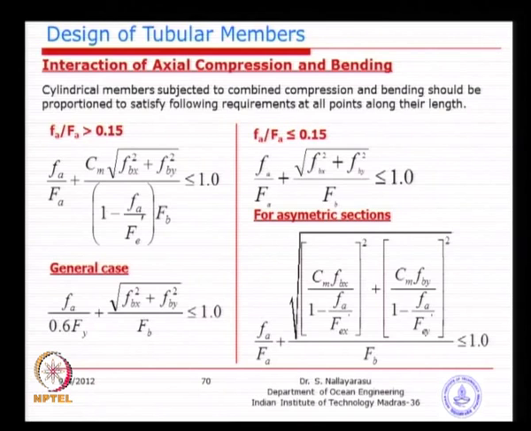Only slightly different scenarios were taken: the general case, then where you have a reduced or smaller axial load, then a slightly higher axial load inducing additional magnification of moment, and the last one, asymmetric sections where the bending in x and y directions is different.